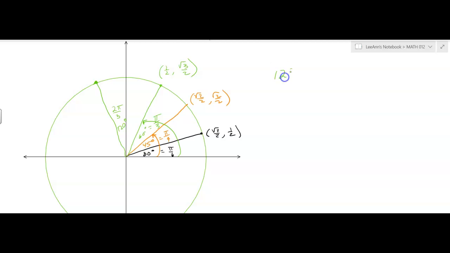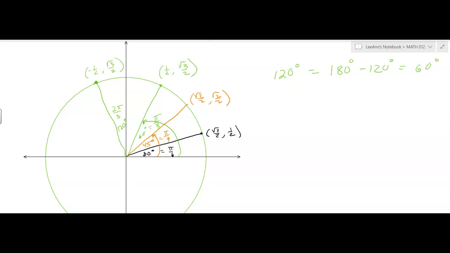So 120 degrees, if you take 180 and subtract 120, you get 60 degrees. So the sine and cosine are going to be based off the 60 degree angle. You just have to know which one's positive and which one's negative. You're in the second quadrant, so x is negative. So it's going to be negative 1/2 and the square root of 3 over 2.